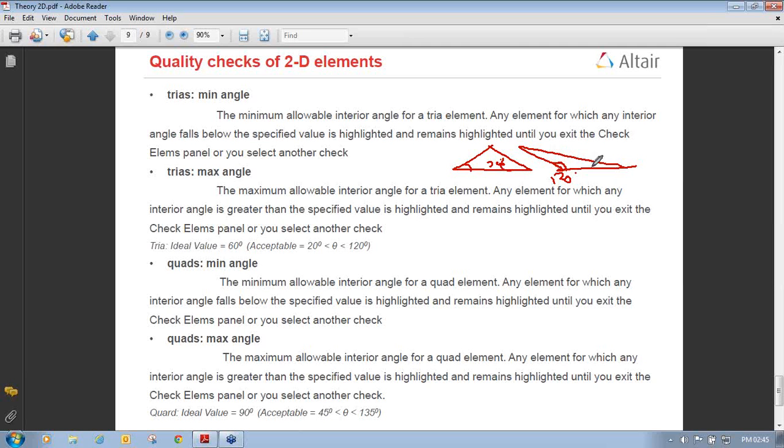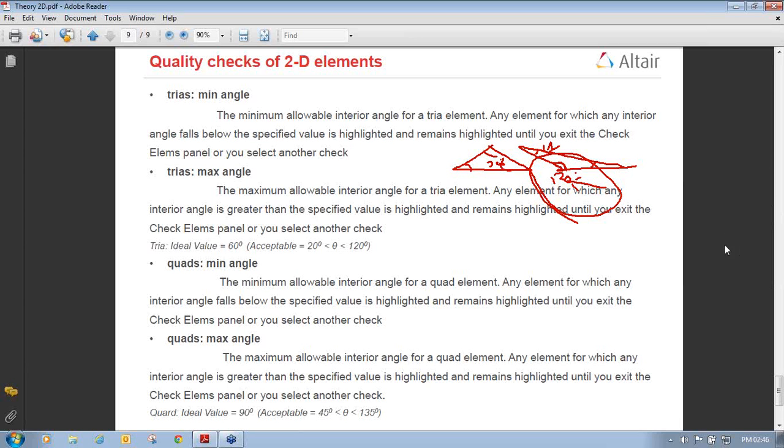It has been calculated for all the three angles of the triangular element, and if the minimum angle for a particular element is coming below the limit, then it has been marked as a failure of minimum angle tria. Or if some angle is going above 120 degree for a tria element, then it has been marked as failed triangles for maximum angle trias.